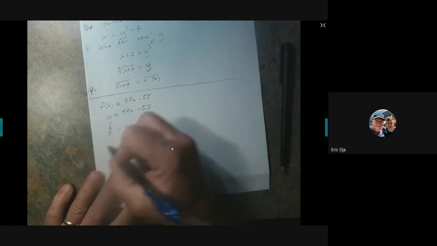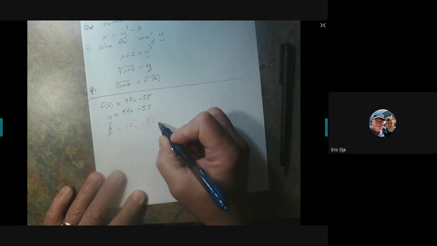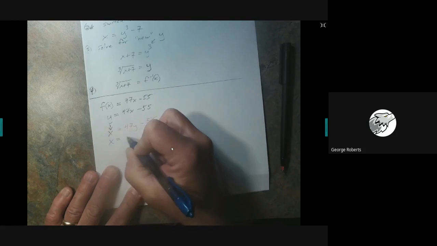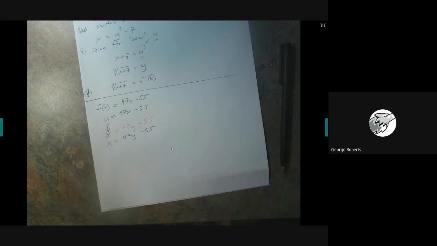Much better. So we had x equals 47y minus 55. Now I'm just going to solve for y. What are the two steps in order to get y by itself?